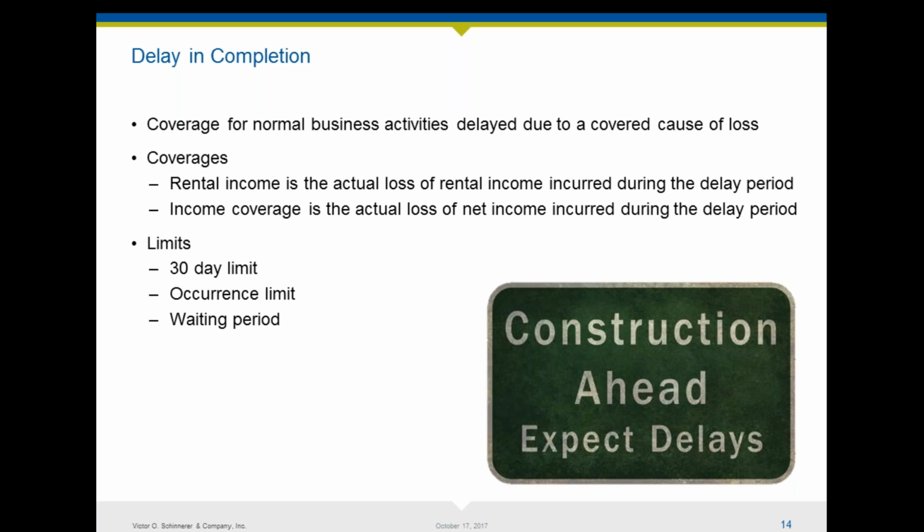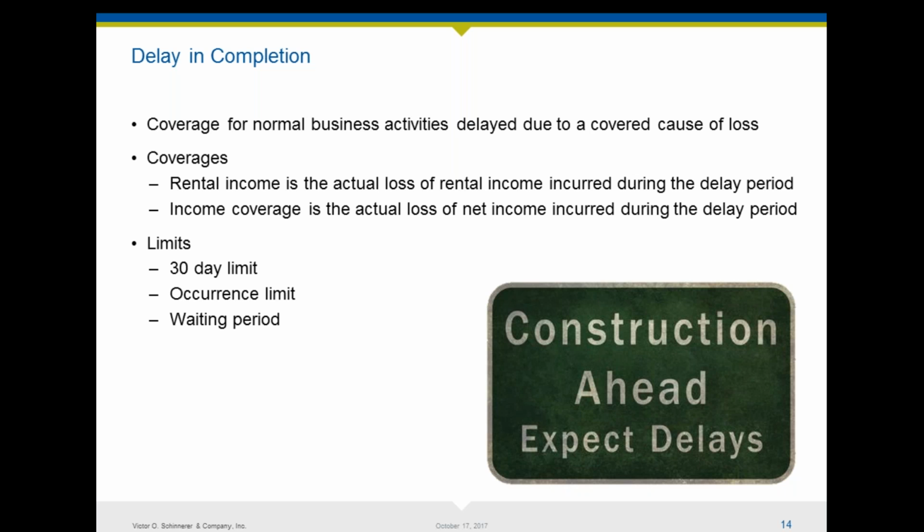And it's something that if you haven't received the coverage form on this, just read over it to see for your commercial clients if this would be a fit for them. If they are building a strip center where they expect to have tenants moving in on an expected date, or if they are a small business owner and they need to open on a certain date, and there was a covered cause of loss and a delay period and that open date was pushed back, this would give them that coverage.